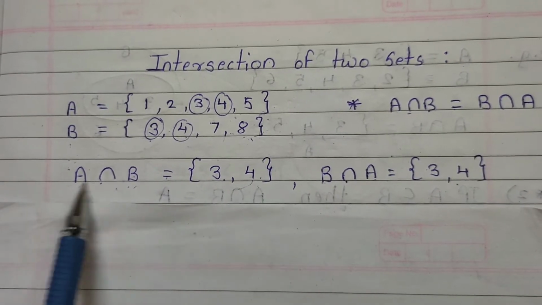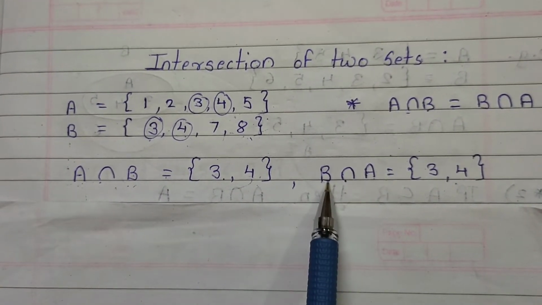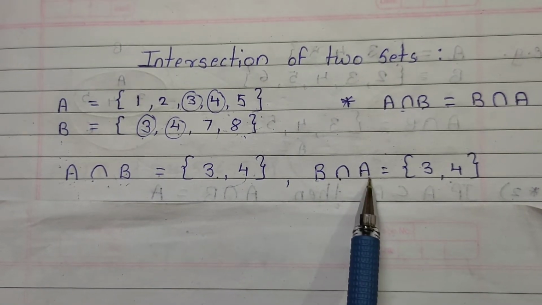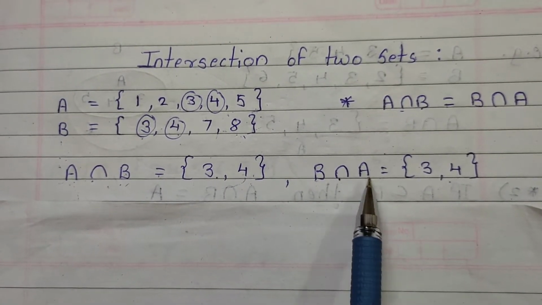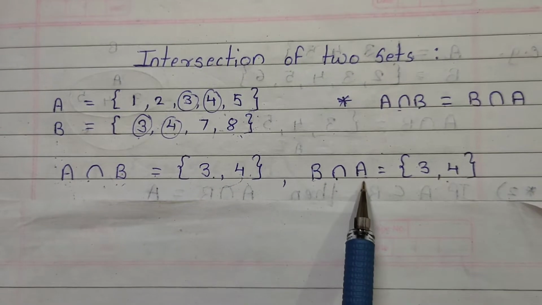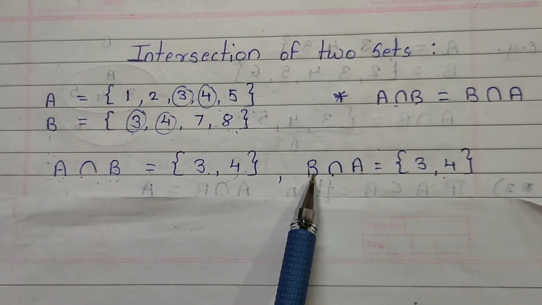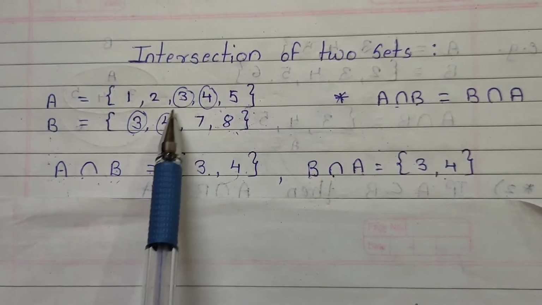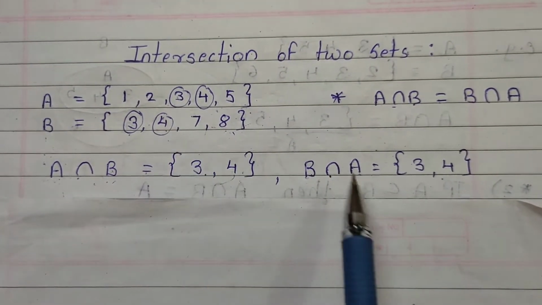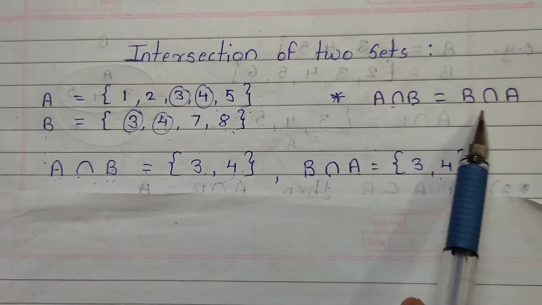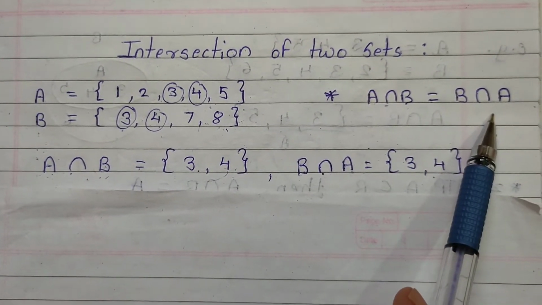If I write the same thing in the inverse way, means in the opposite way, B intersection A means what? The common element of set B and A. It doesn't matter how we write because the common element remains the same. So that's why it is said that A intersection B is equal to B intersection A.